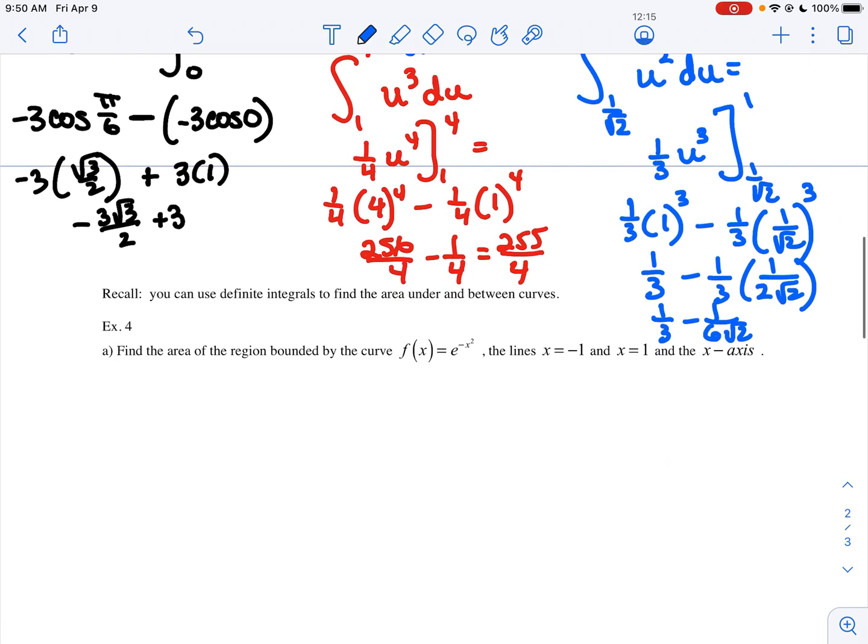All right, recall, you can use definite integrals to find the area under and between curves. So example 4 says find the area of the region bounded by the curve f of x equals e to the negative x squared, and the lines x equals negative 1 and x equals 1. I did use my graphing calculator here.